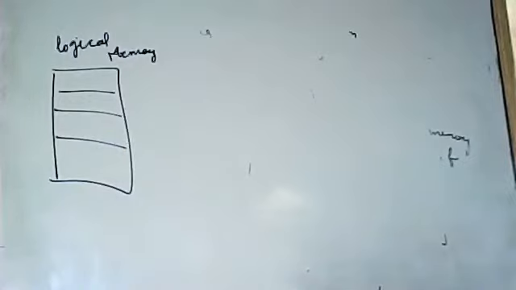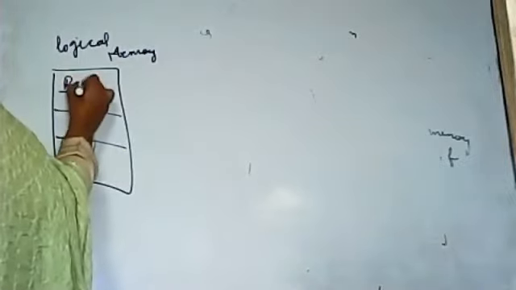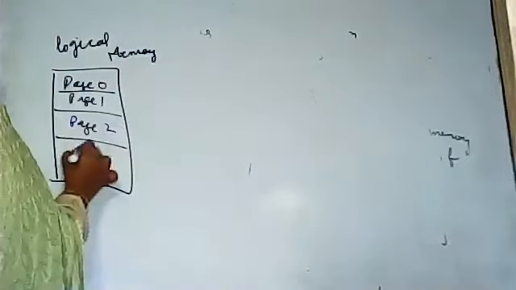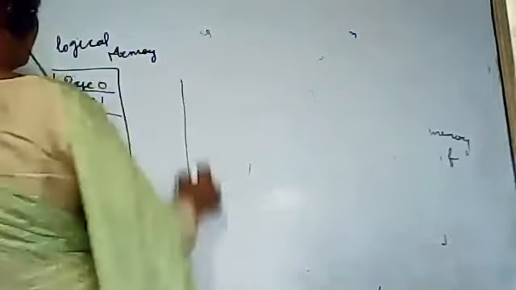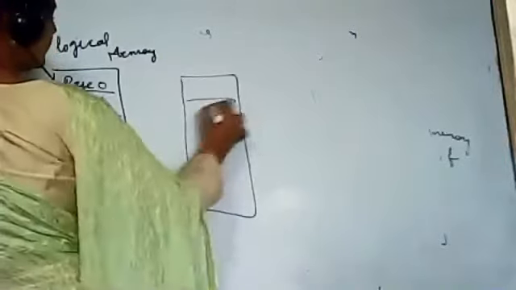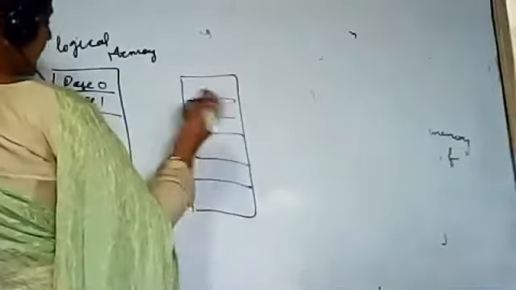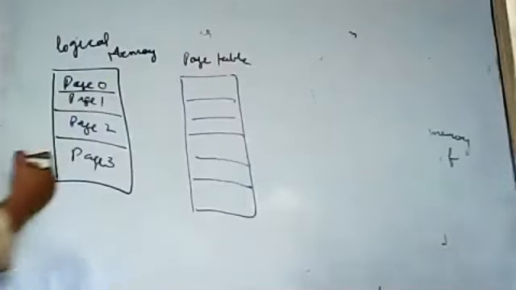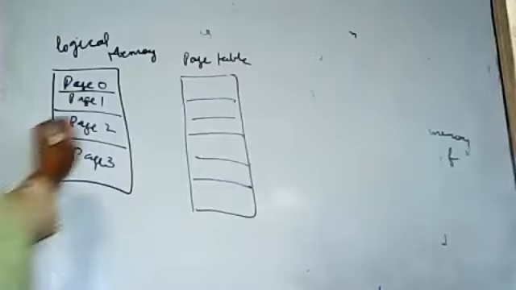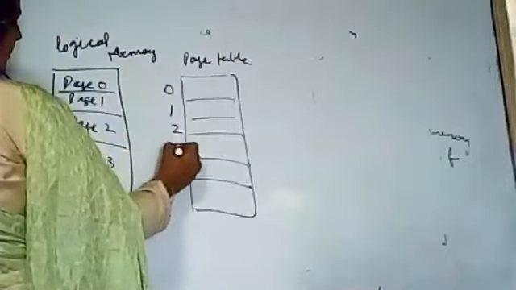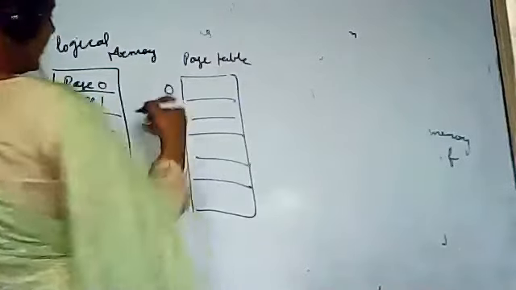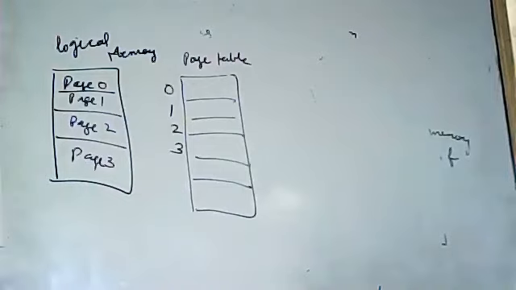We can have 4 pages: page 0, page 1, page 2, page 3. And there will be a page table. It will have entries 0, 1, 2, 3, with frame numbers like 1, 4, 3, 7.